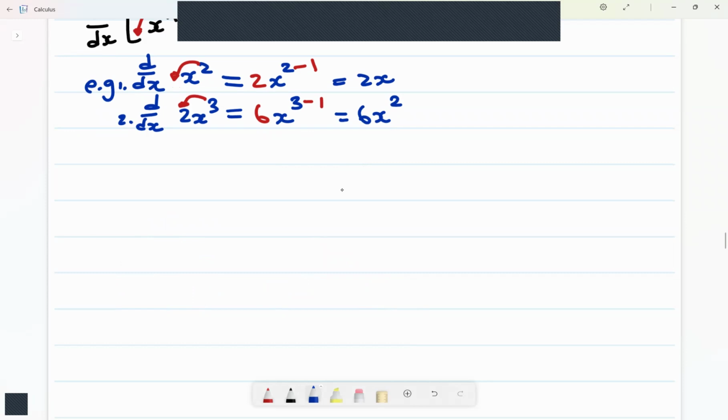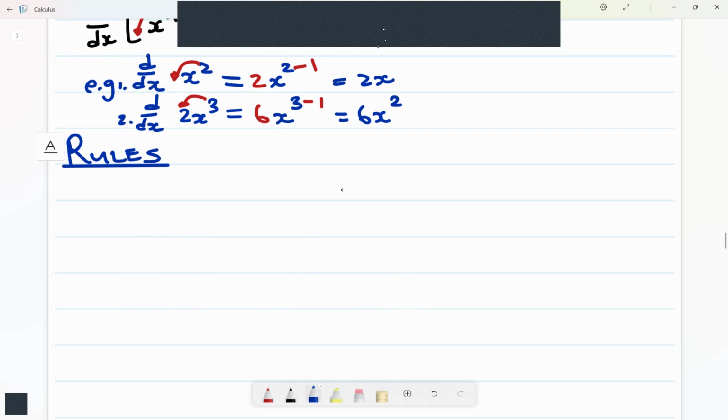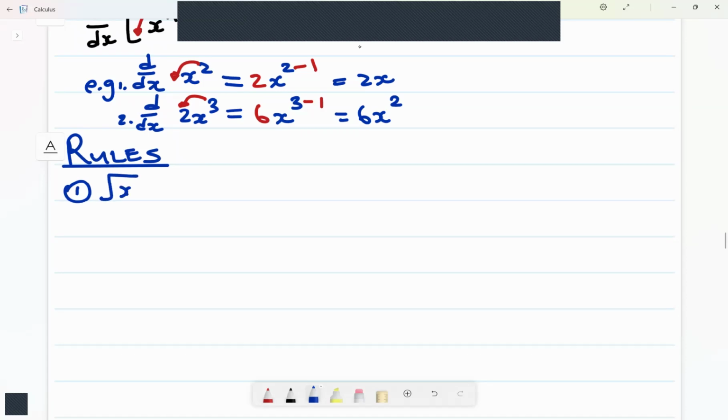Okay, now there are some rules that we should respect. The first rule says we do not want what we differentiate with respect to to be under a radical.